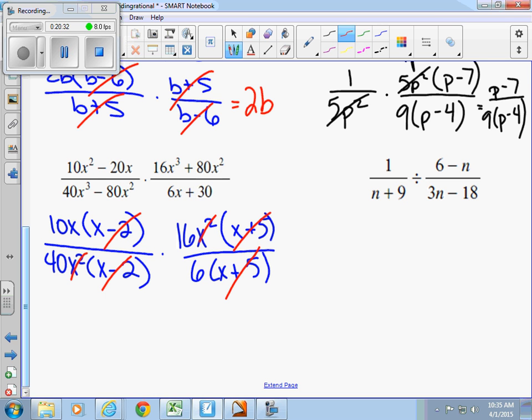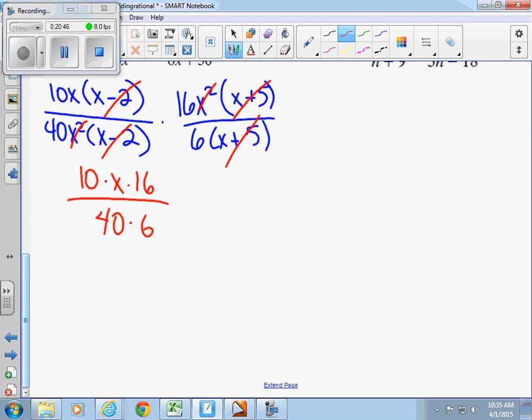Okay, so then we're left with, if we leave this as is, 10 times x times 16 on the top over 40 times 6 on the bottom. Are we sure that we want to multiply 10 times 16 and 40 times 6 before we reduce some more?